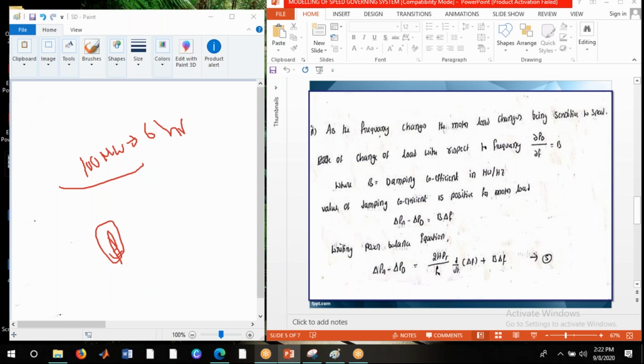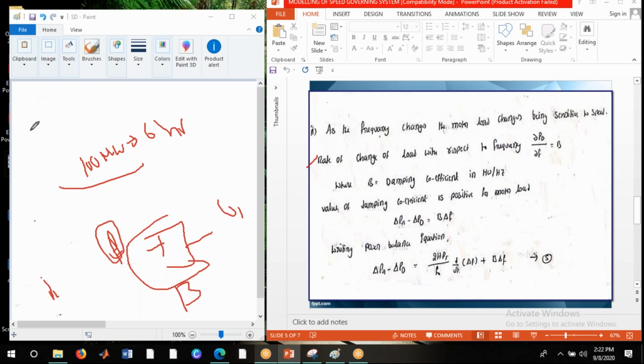Now that is given by the rate of change of load with respect to the frequency. It means that based on the load, how the frequency will behave, and it is given by the damping coefficient. In control systems, this is represented as a dashpot, with damping coefficient B. The main intention of the device is that it controls whatever input you give and whatever output results.